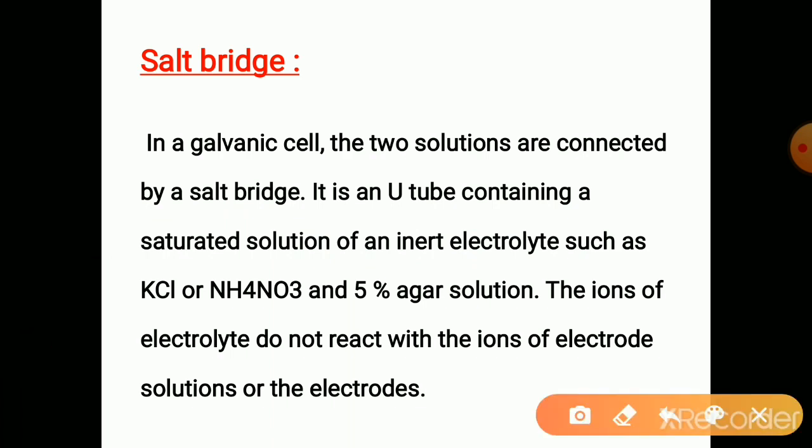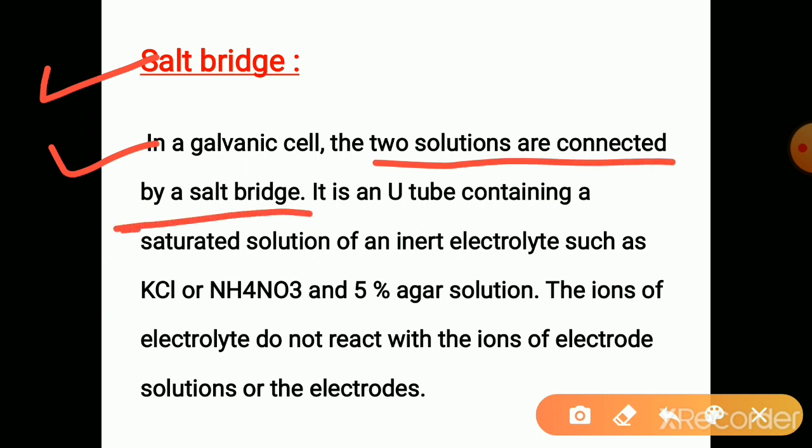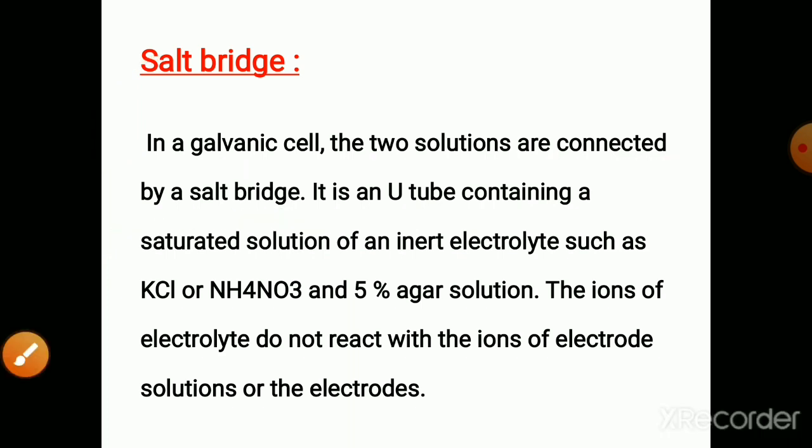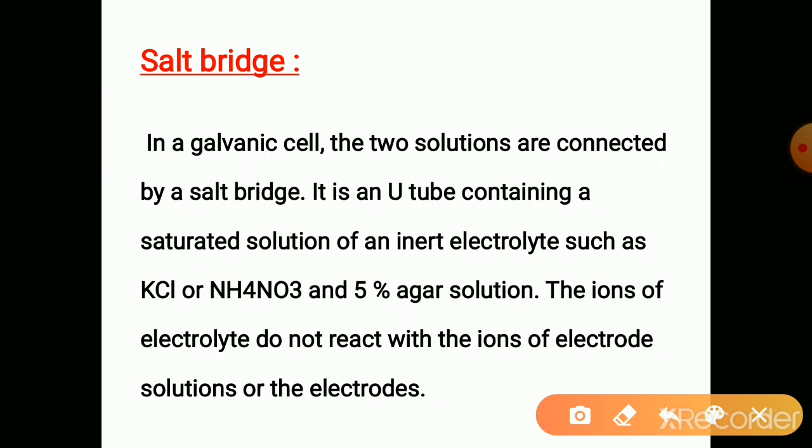Now we need to understand what is salt bridge and what is its function, how it is formed. In a galvanic cell we know that two solutions are connected by a salt bridge internally. It is a U-tube. Right now we have seen that in the diagram. What does it contain?